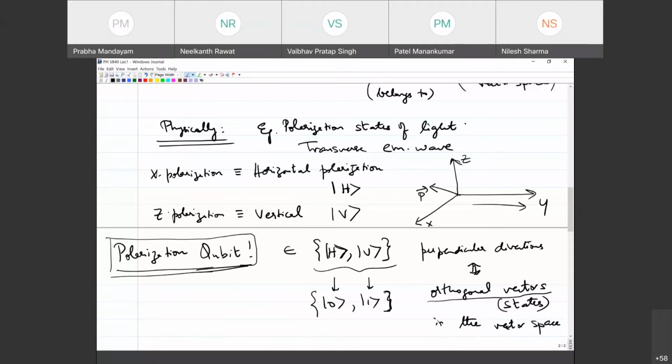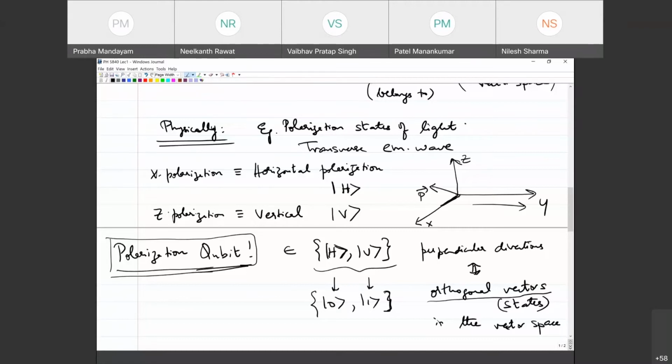So this is a simple physical example of what I'm talking about, that you have two different states of a system, which can be thought of as the 0 and the 1, but the physical properties of the system allow you to make states which are linear combinations of 0 and 1. So what kind of linear combinations can you think of now? You have the horizontal and the vertical.